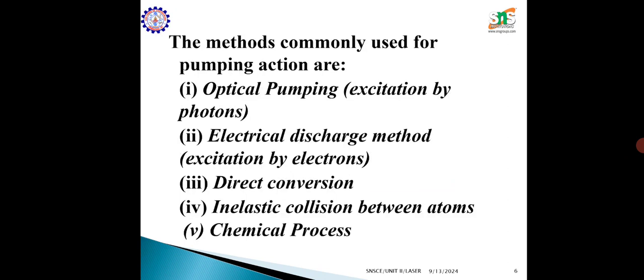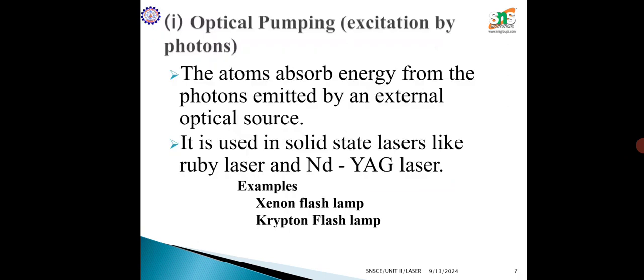First, optical pumping, where we use a light source for exciting the atoms. Second is the electrical discharge method, where the atoms are excited by electrons. Third is direct conversion, where one form of energy is converted into another. Fourth is inelastic collision between atoms, where two atoms are involved in the pumping process. And finally the chemical process, where due to chemical reactions we can achieve population inversion.